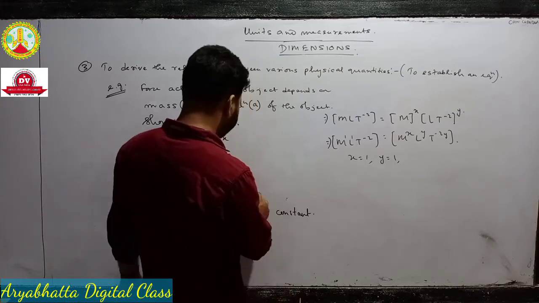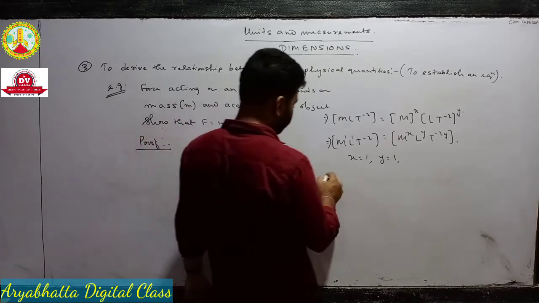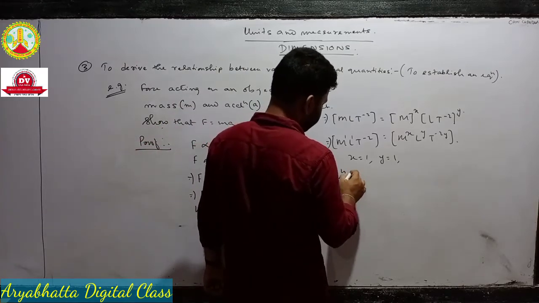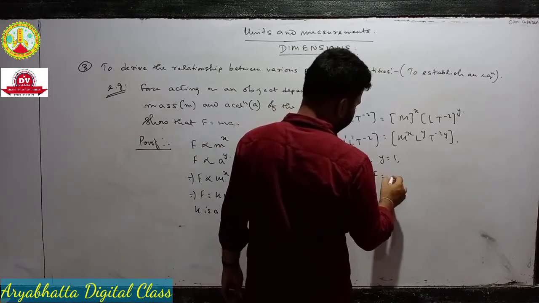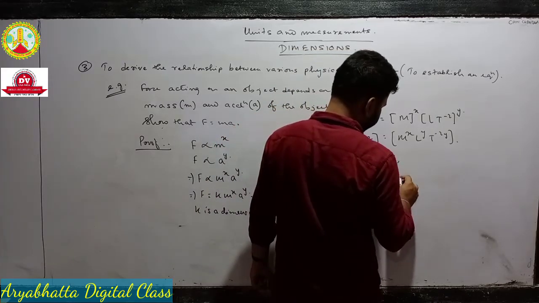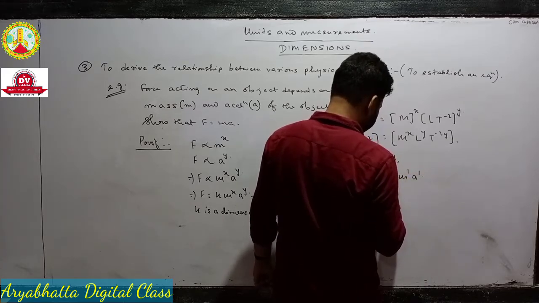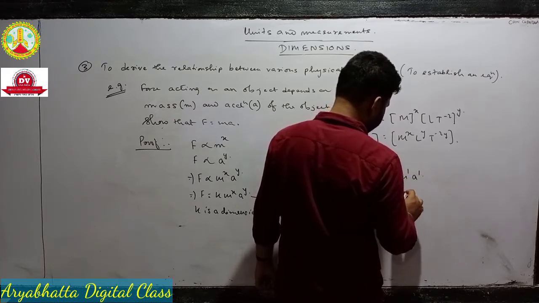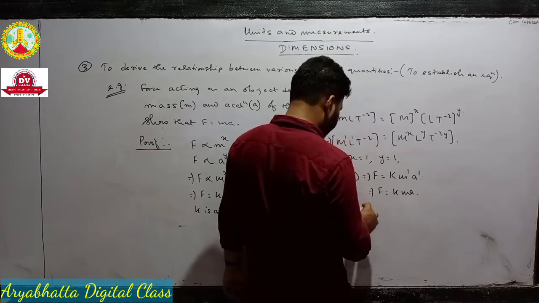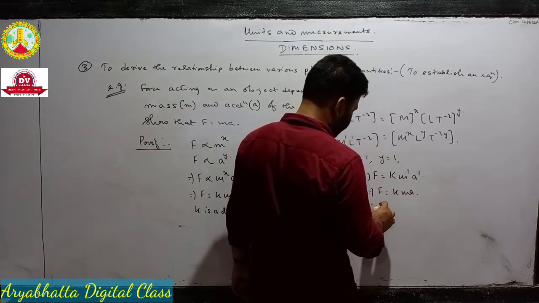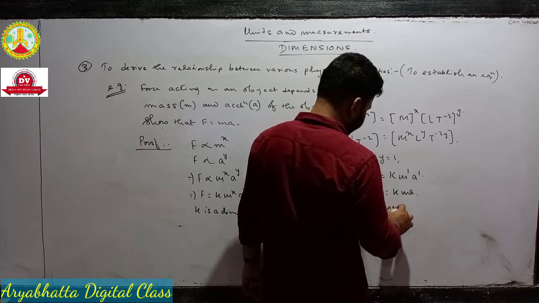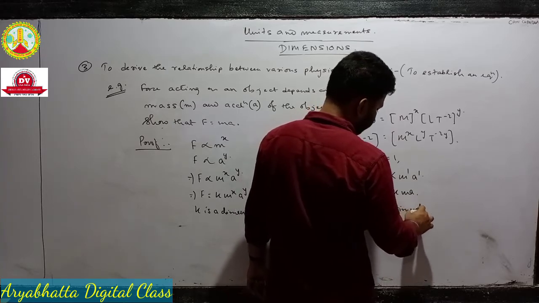So put in this equation, this is equation number 1. So equation 1 implies F equal to k m to the power 1 a to the power 1. So F equal to k ma. So k is equal to 1 here experimentally. This is from experiment.